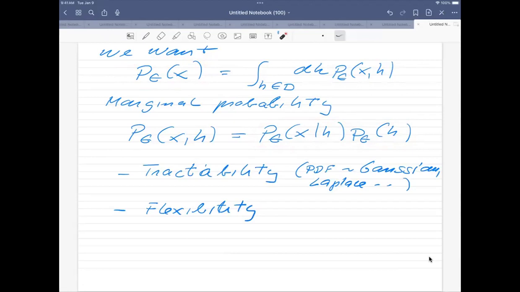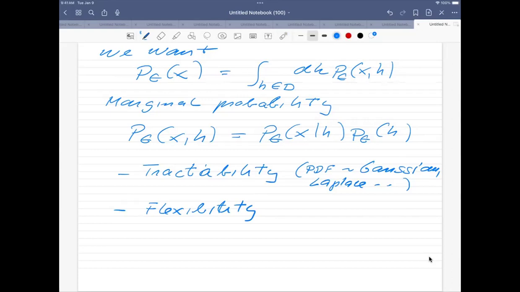So in a certain sense, this sounds like an impossible mission, especially given the requirement on flexibility, because as we said, this is a highly dimensional probability distribution. Now, one of the theorems which plays a very important role is Bayes' theorem. And let us quickly remind ourselves about some of these other probability distributions.